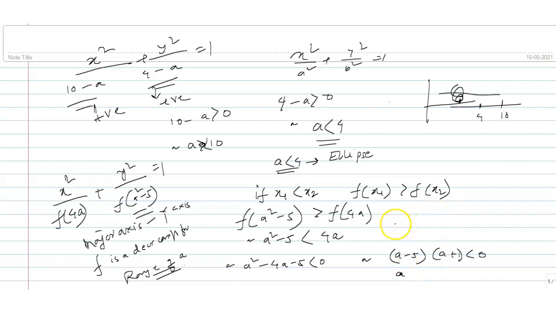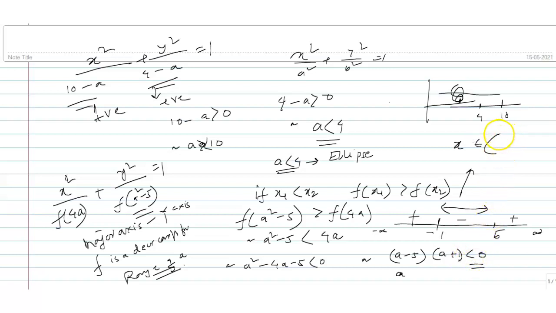If we know the sign scheme, we have to write here 5, here -1, and put plus infinity, minus infinity, plus, minus, plus. As it is negative, you need to take this part only. That means x belongs to an open bracket, as it is less than that. If it is equal to, then it will be a closed bracket.